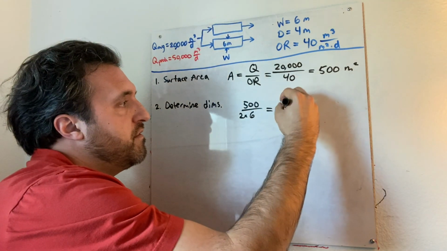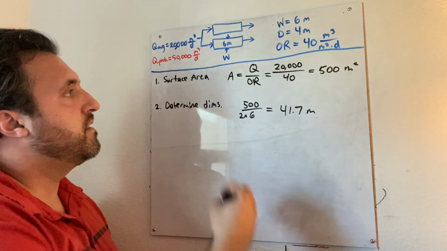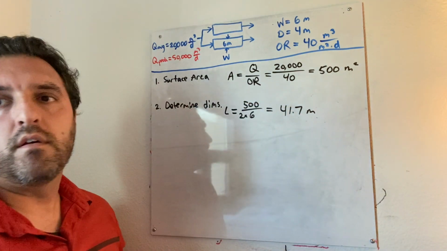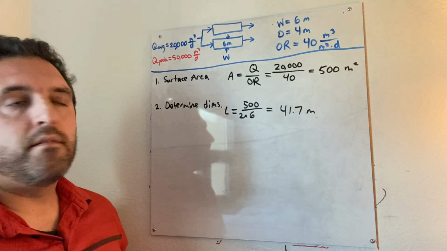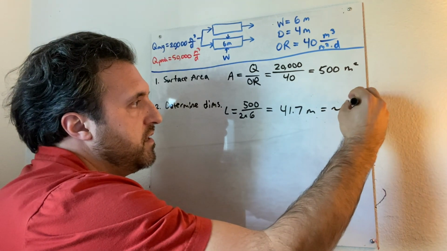That's going to give us a value of 41.7 meters for the length. For convenience, we're just going to make this approximately 42.